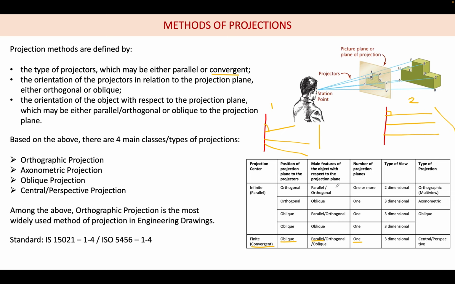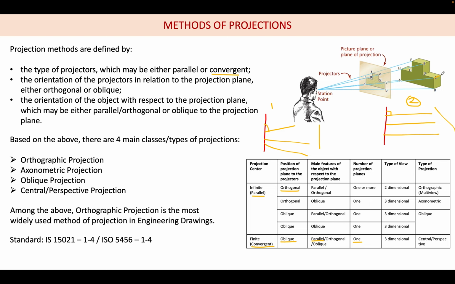Orthographic means that you have parallel projectors first of all. Second, you have the orthogonal case, which is case 2, so your projectors will be orthogonal to the plane of projection. The main feature can be either parallel or orthogonal. If you take this edge, it will be parallel.